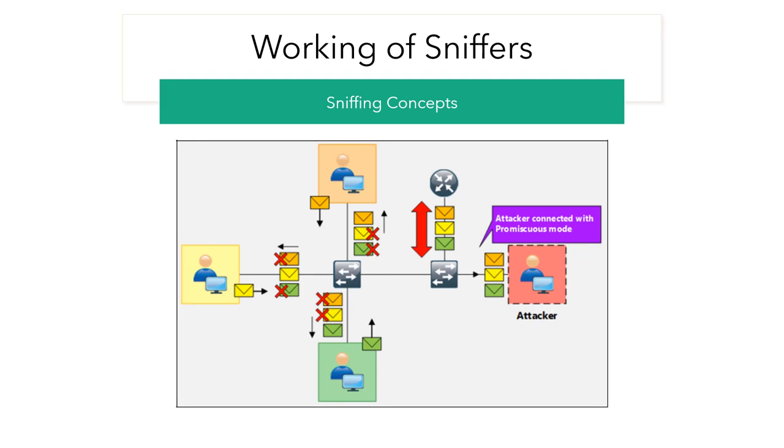In this case, the attacker alters the switch configuration by using different techniques such as port mirroring or switched port analyzer, or SPAN. All packets passing through a certain port will be copied to a certain port, the port on which the attacker is connected with promiscuous mode. If you are connected to a hub, it will transmit all packets to all ports.